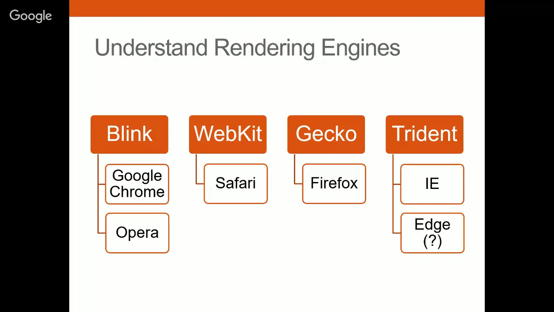On the other hand, we have the Trident engine used by Internet Explorer, which is not updated that often, and Microsoft has put restrictions in place. So if users are using older Windows versions like Windows XP or Windows Vista, they are unable to update their browser to the latest version.